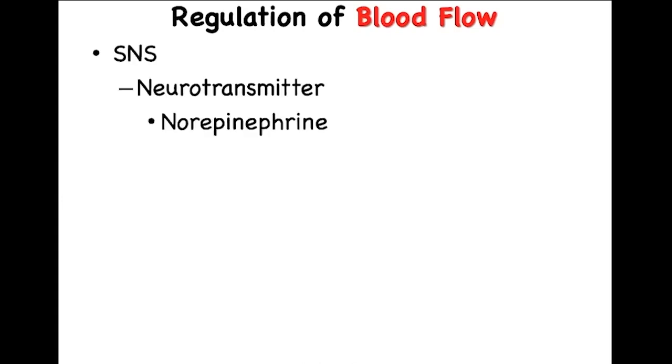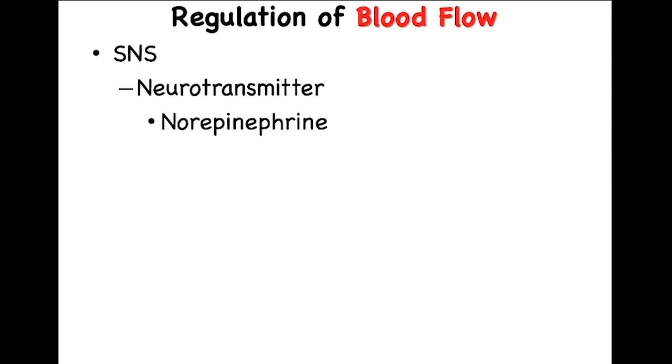As mentioned previously, blood flow through a vessel is dependent upon whether the vessel is vasoconstricting or vasodilating. Recall that increased resistance is due to vasoconstriction. There are several chemicals involved in causing smooth muscles to vasoconstrict or vasodilate. The neurotransmitter released by the sympathetic nervous system, norepinephrine, is a vasoconstrictor.